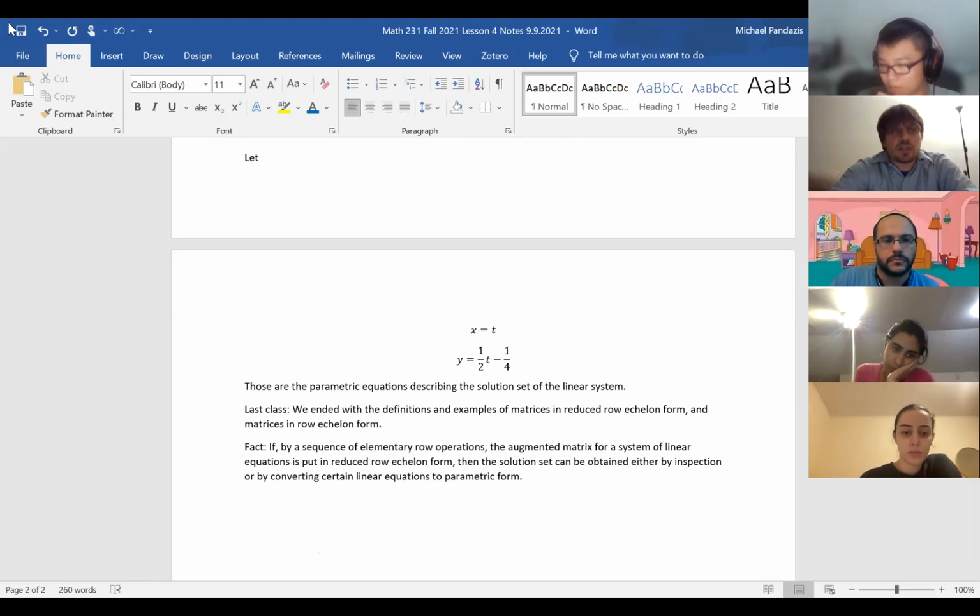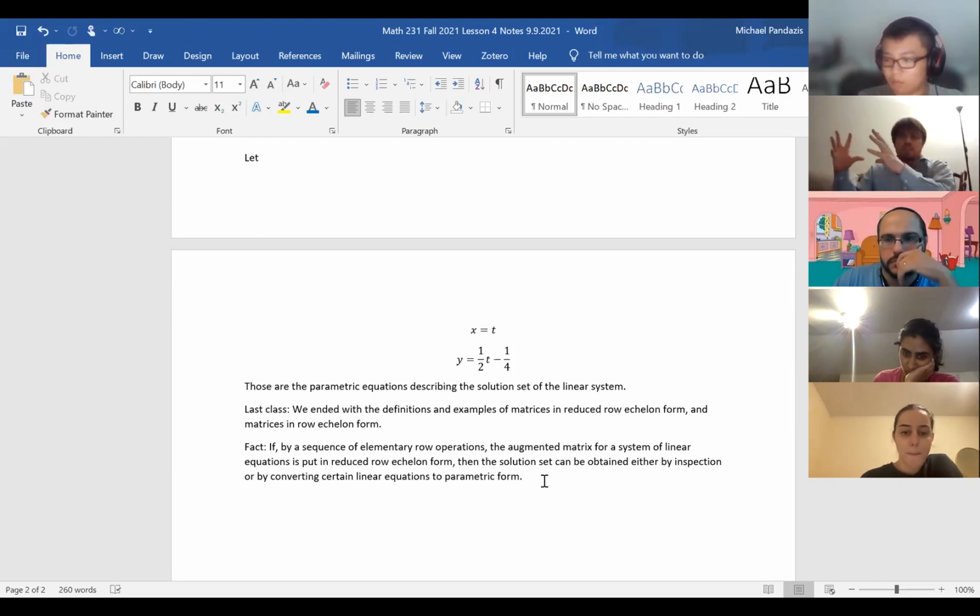So what that means is you take a linear system that you start with, and you look at its corresponding augmented matrix, which is just another way of representing that linear system. It's easier notation, so you don't have to write down all the equations.